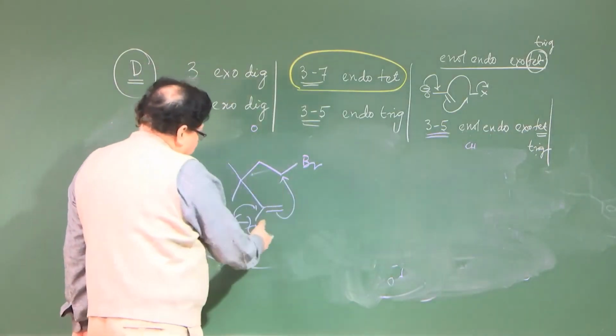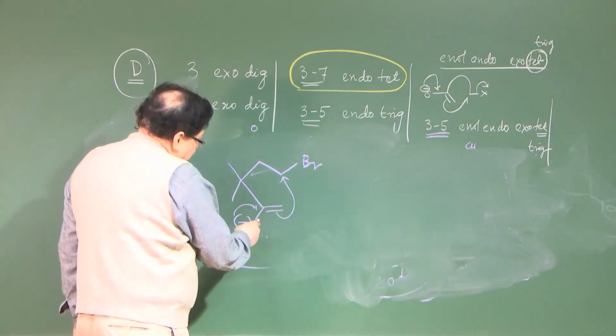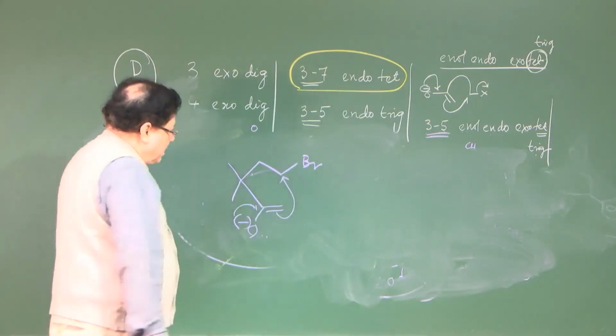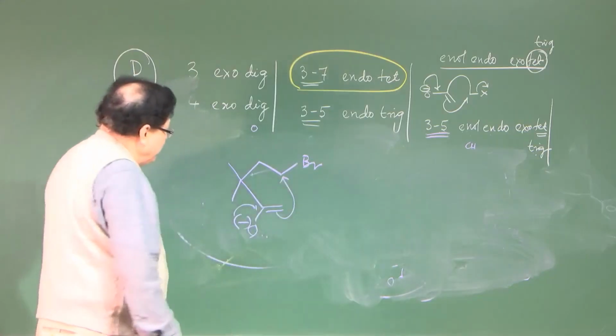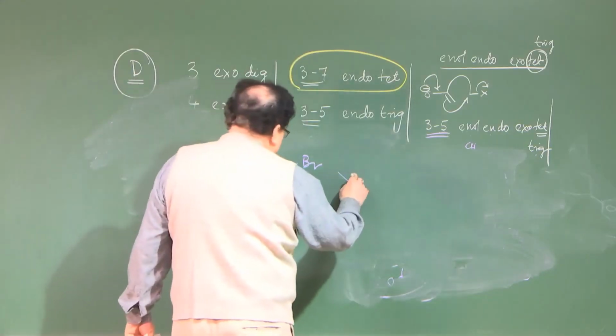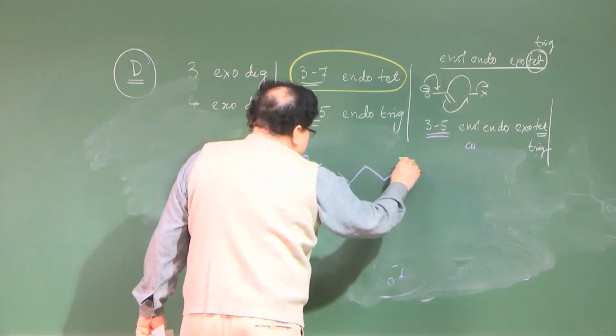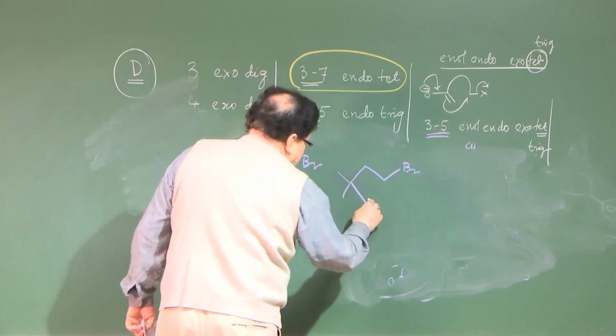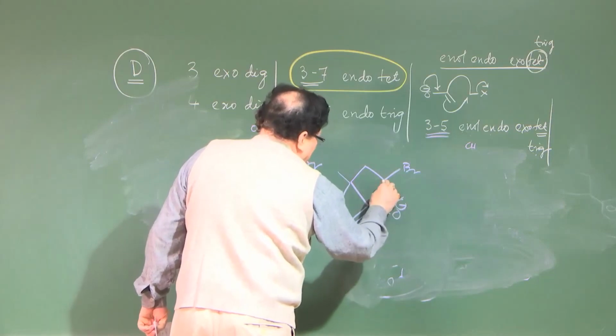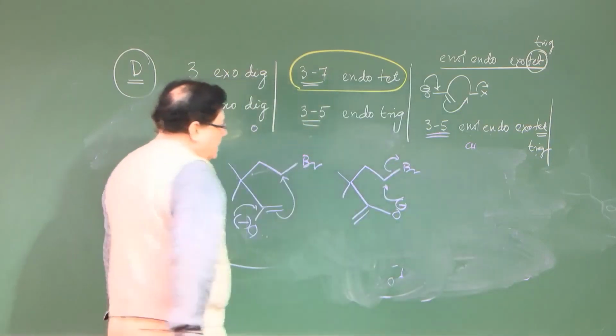So, this will not take place here; the O minus will act as the nucleophile and displace the bromine. So, if you have the double bond on this side, O minus will act as the nucleophile.